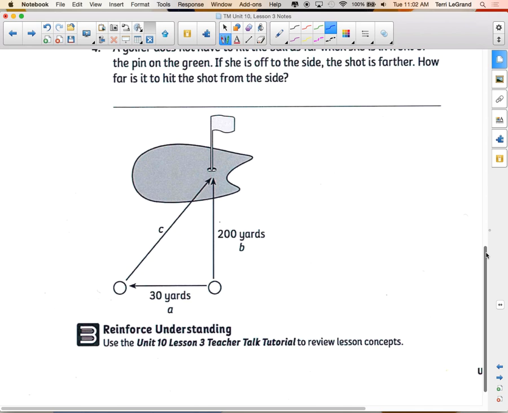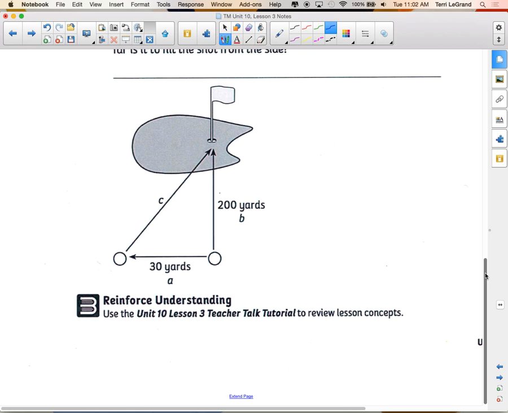Where's our right angle? Where's our golfer? At the point between C and A. So right here? This is our golfer? Where's the right angle?